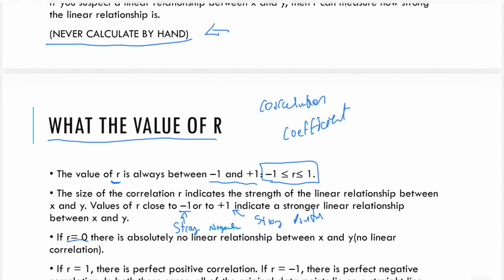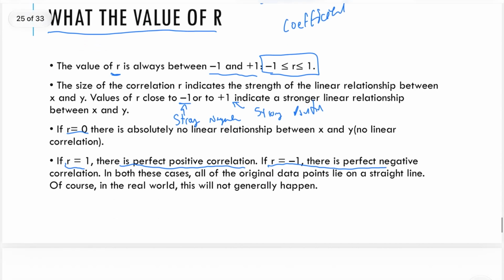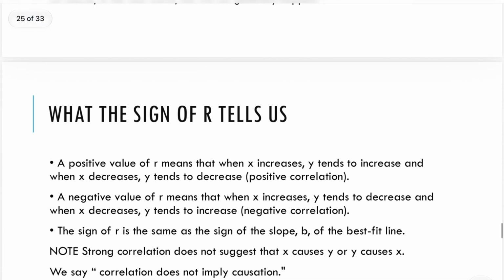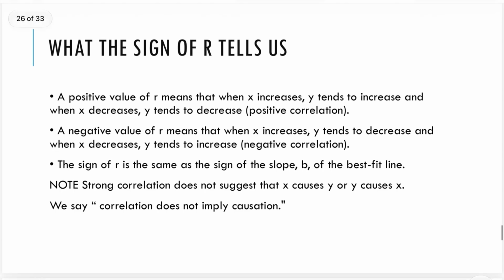If R is 0, that means there's no relationship between the variables. So if the R equals 1, it's a perfectly positive correlation. If it's -1, it's perfectly negative correlation. These really don't happen in the real world. So again, closer to 1, the stronger it is.